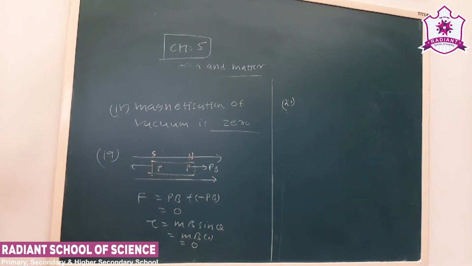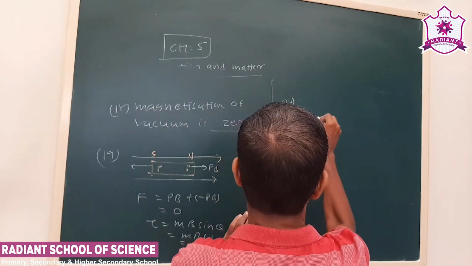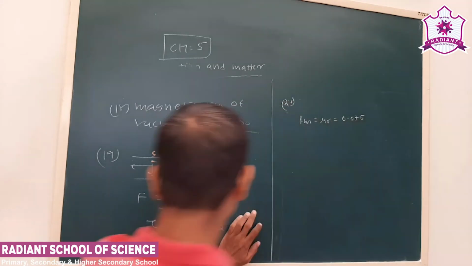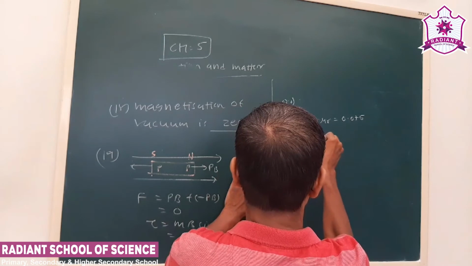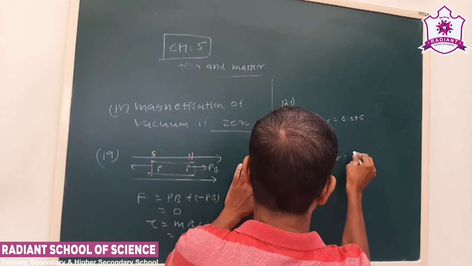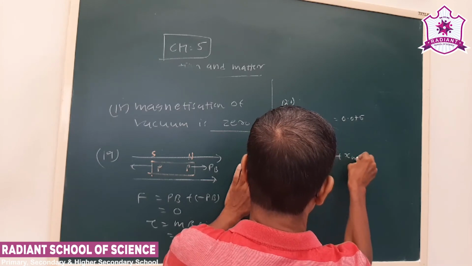Okay, see the relative permeability, that is Km or mu r. Okay, what is the magnetic susceptibility? Generally we take Km equals 1 plus chi m.